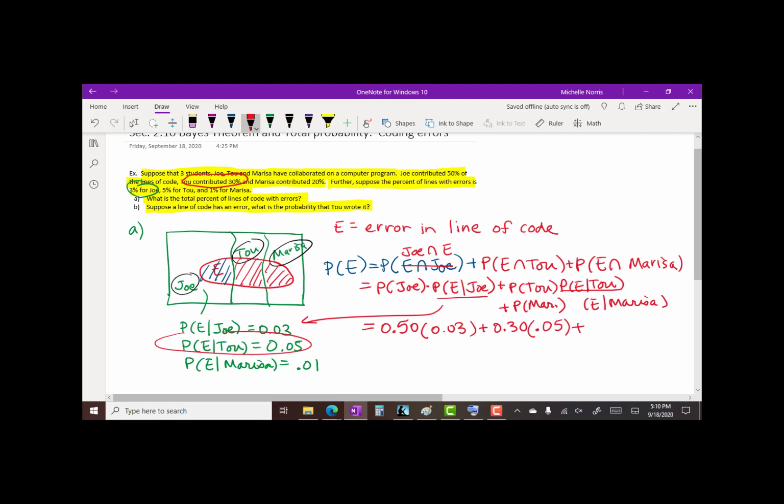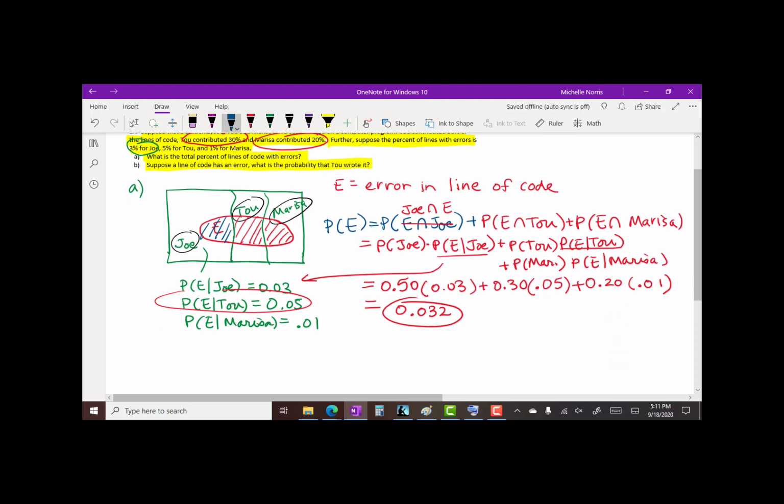And then the probability Marissa wrote the line of code, she wrote 20%, so that's 0.20, and the probability of an error, given that Marissa wrote it, is 0.01. If we multiply those all together, it ends up being 0.032 is the total probability of an error.